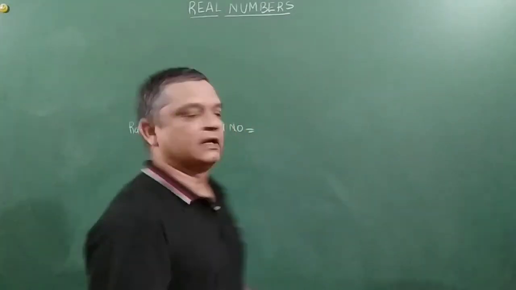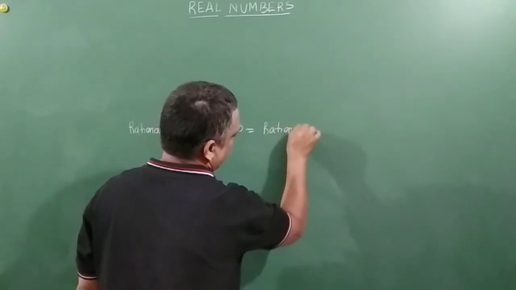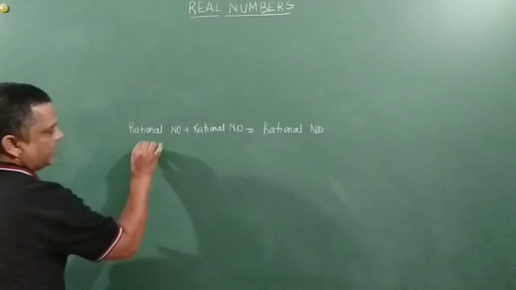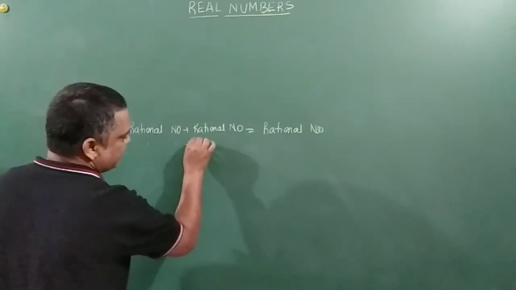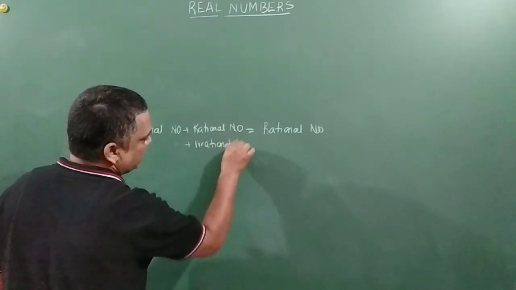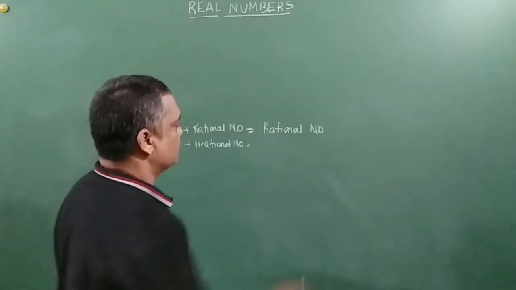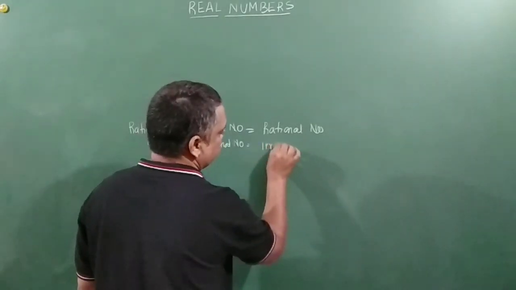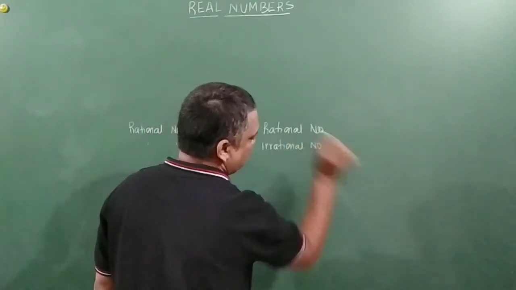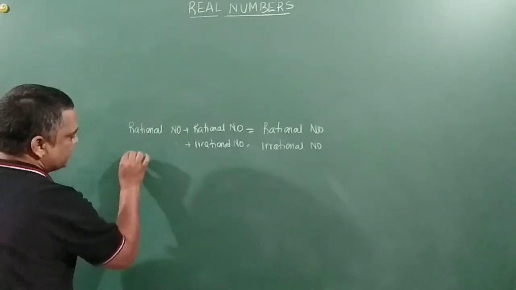Is always a rational number, right? Right, friends? Now, rational number plus irrational number is what? Rational plus irrational is always equal to an irrational number. I'll tell you why I am telling you this. Now irrational plus irrational.